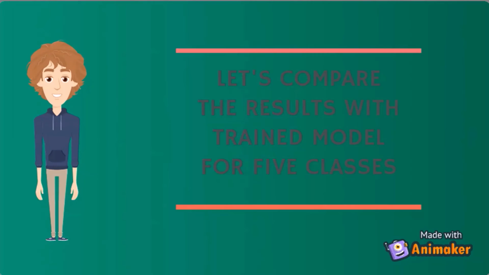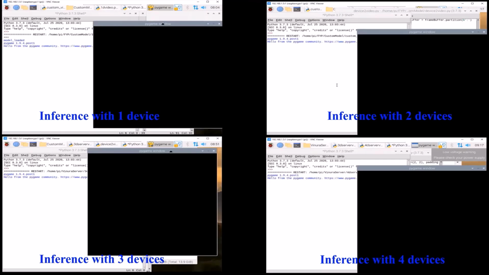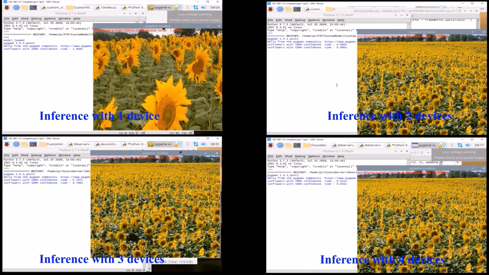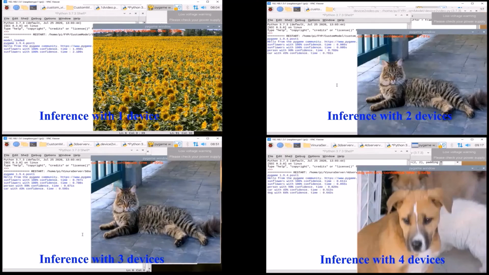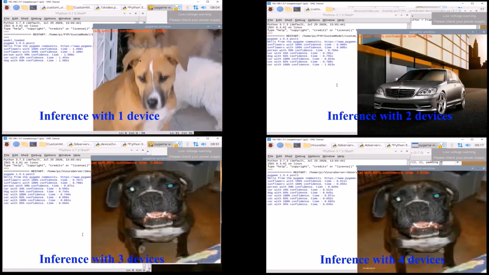Then let's compare the results with a trained model for 5 classes, which gave a validation accuracy of around 87%. Here, all 4 videos are going simultaneously for the same input set of images. Also, we print the accuracy percentage, inference time and classification classes.